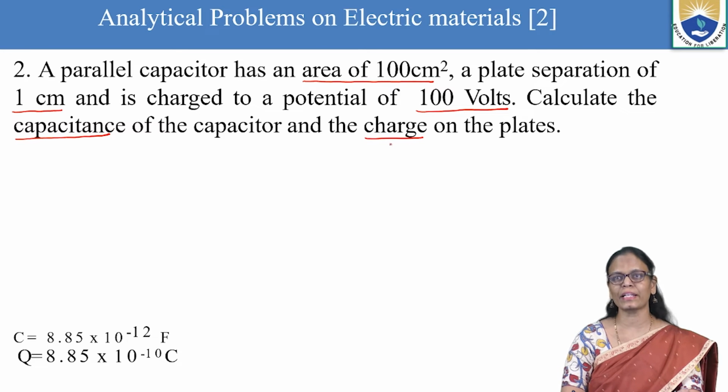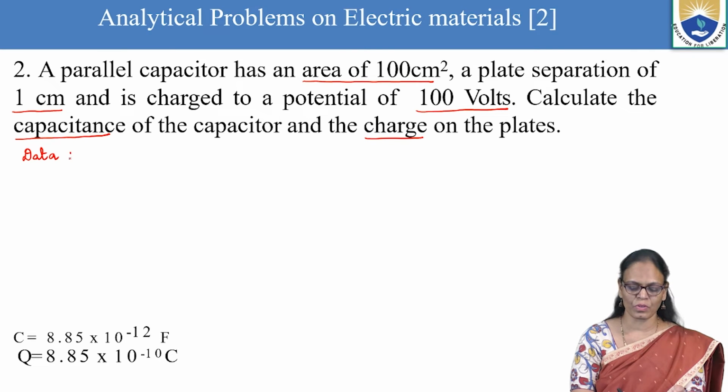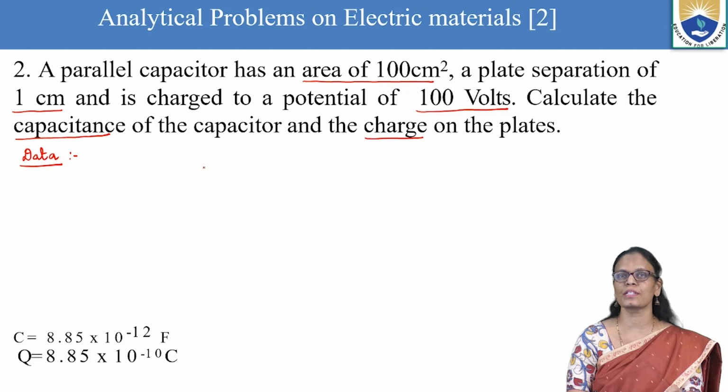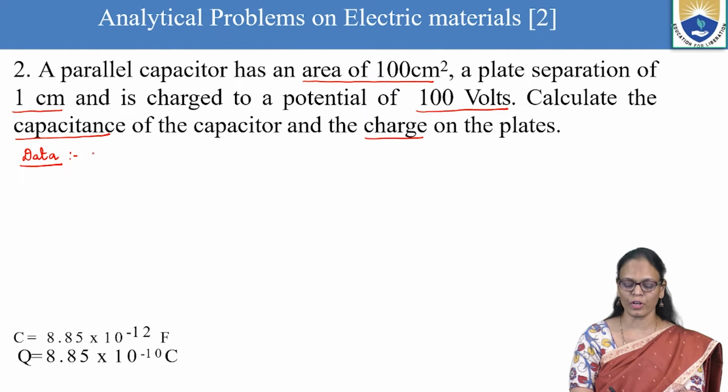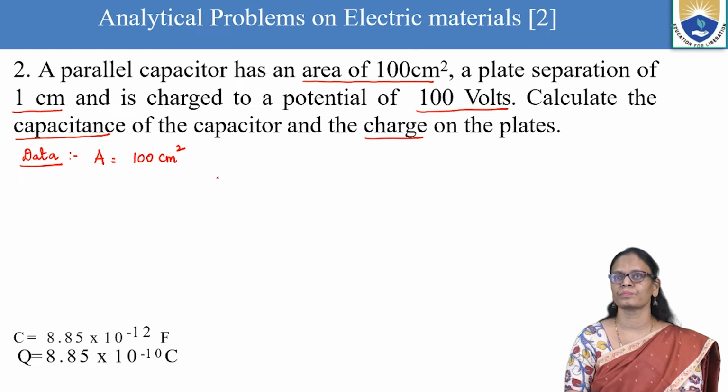So let us first write the data very clearly and then we will solve the numerical. So first, the data given. What is the data given? Area of the plates, A is equal to 100 centimeters square.